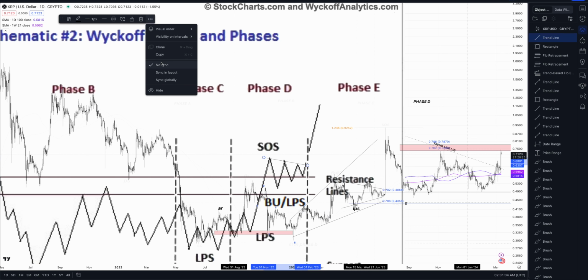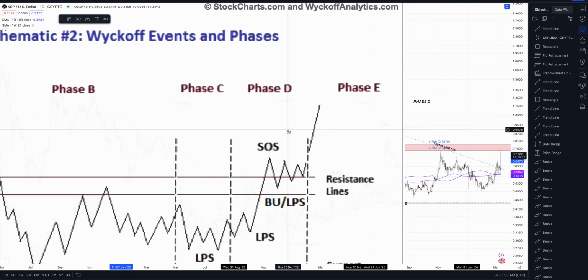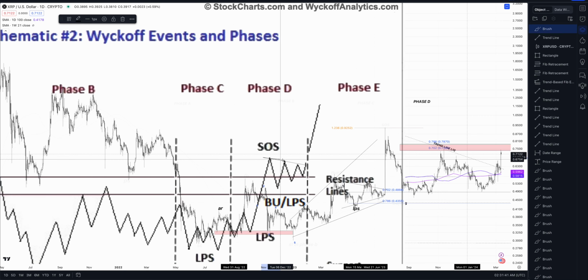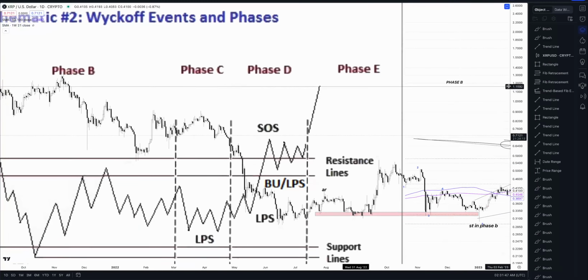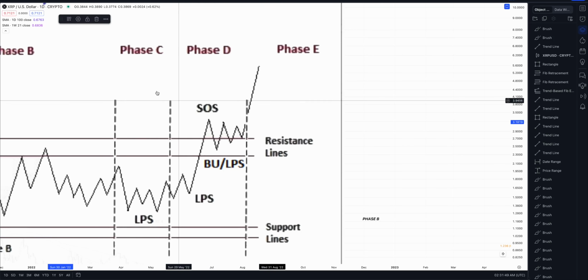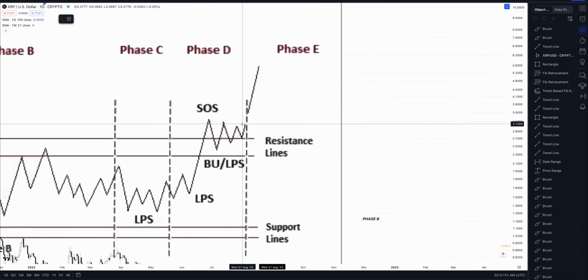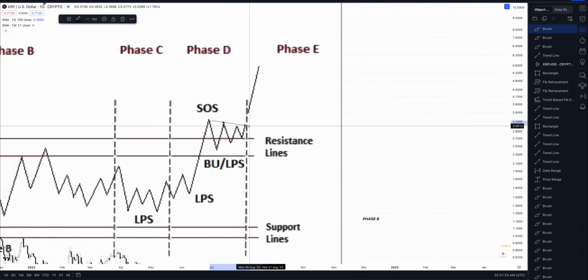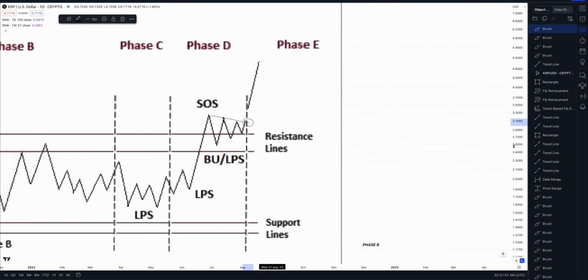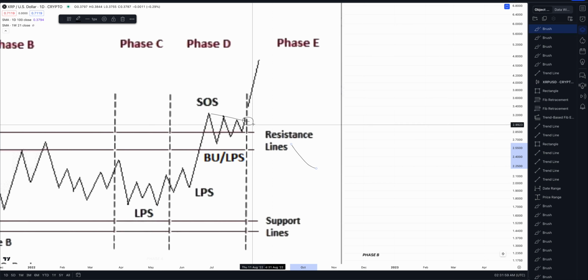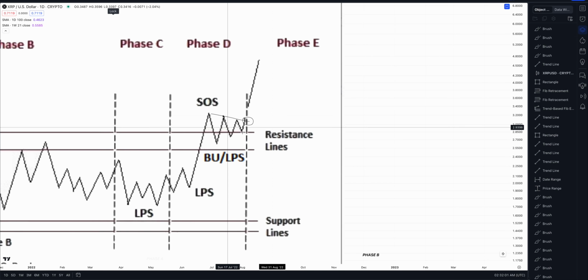And we're right over here. Okay, I'll show you here. We are right over here. Like we just crossed it. We just crossed this trend line over here.